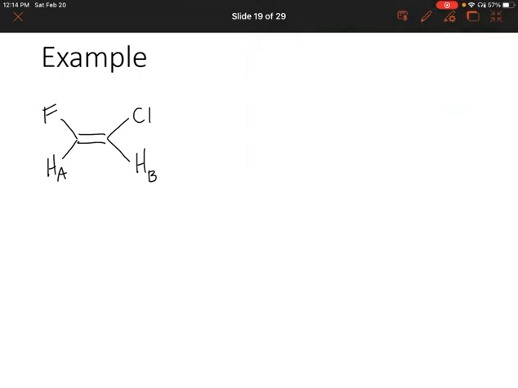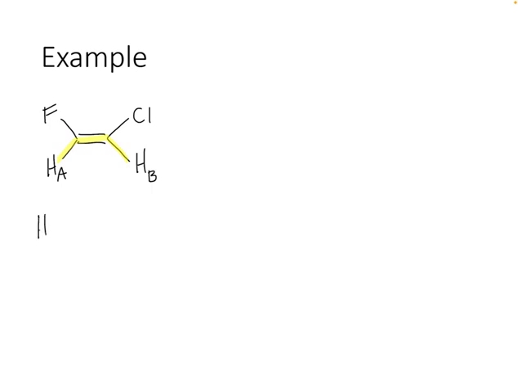Just one, and it is 3 bonds away, so that works. So what do we expect the multiplicity to be? A doublet, because we have one neighboring proton, and the n+1 rule would tell us that we have a value of 2 there, so that is a doublet. What about HB? Also a doublet.